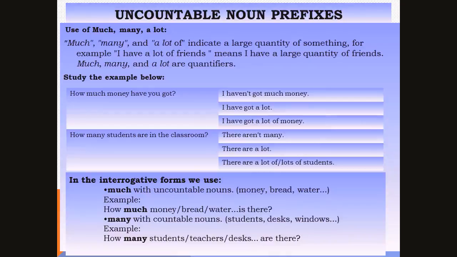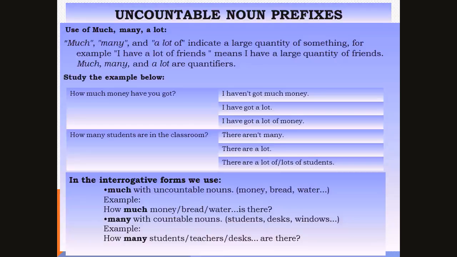Next slide, the uncountable nouns prefixes. Whenever the noun is uncountable, that time we use some particular prefixes. Means whenever there are lots of people gathering in one area, you can say the crowd. We can't say how many men are gathered, so we can easily describe this as many men gathered in that place. And where we use many and much, here are some indications.